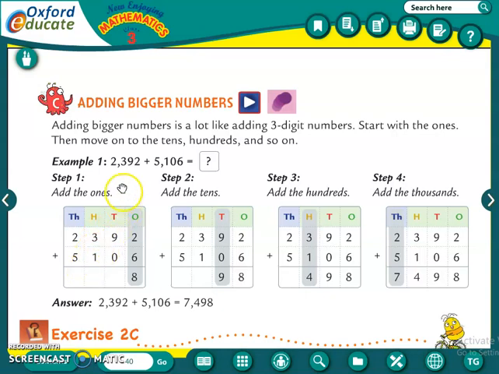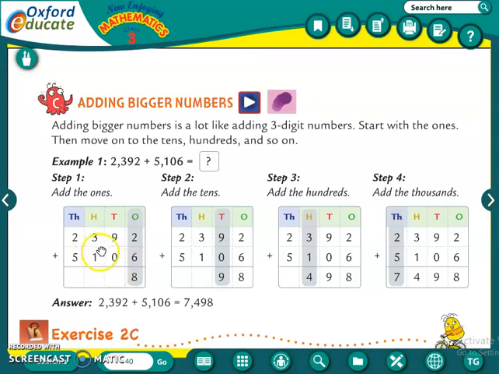Now how will we do? The numbers are 2392 plus 5106. So what will be the answer? First of all, add the ones. Here two numbers are written, 2392 plus 5106.